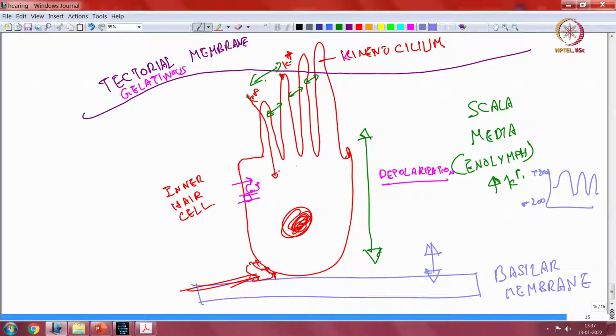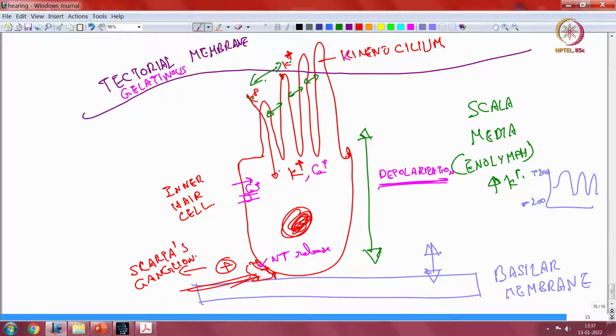The potassium first comes in, and calcium comes in, and that causes depolarization, and that in turn causes neurotransmitter release, and there is a signal which is generated within the nerve, which goes to the Scarpa's ganglion.